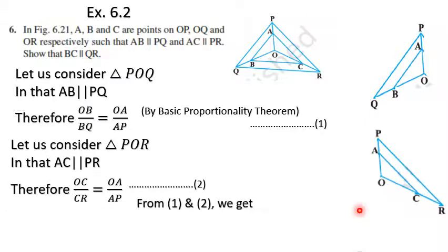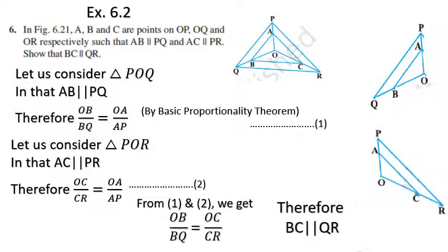So from 1 and 2 we get OB by BQ is equal to OC by CR. So that means BC parallel QR. Therefore, BC parallel QR. Now, let us move on to the next question.